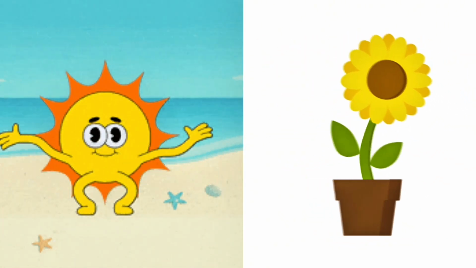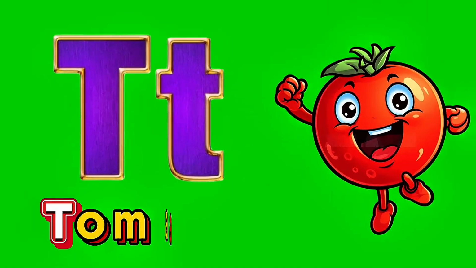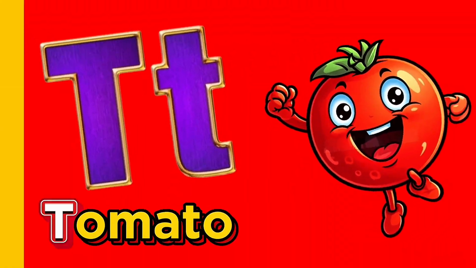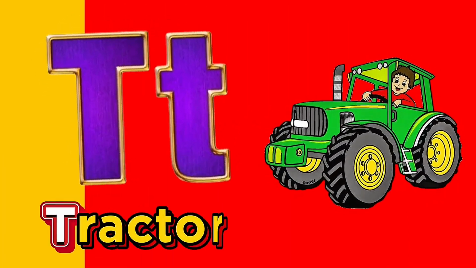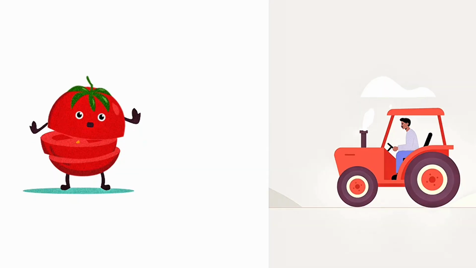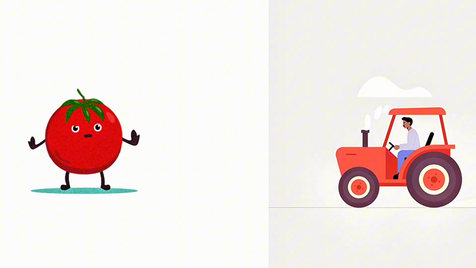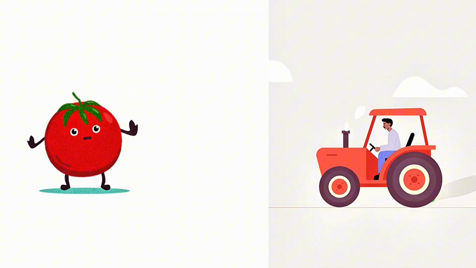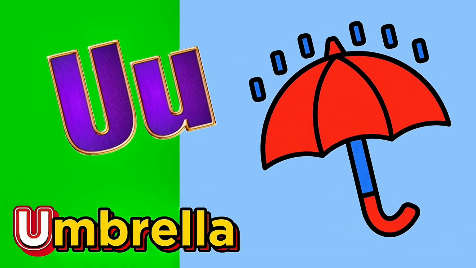S is for sunflower. T is for tomato. Tomato. T is for tractor. Tractor. T is for tomato. T is for tractor.